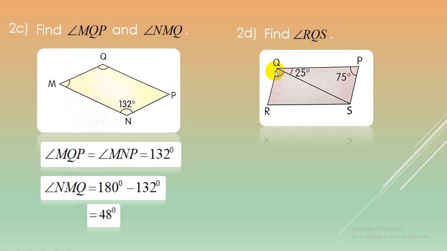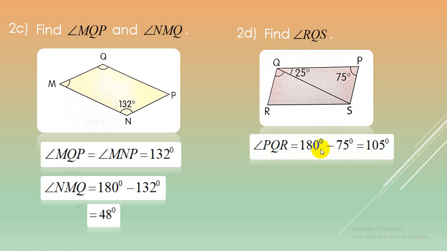Angle PQR and angle SPQ add up to 180 degrees. So we can find angle PQR by subtracting 75 degrees from 180 degrees. This one. So the answer is 105 degrees.